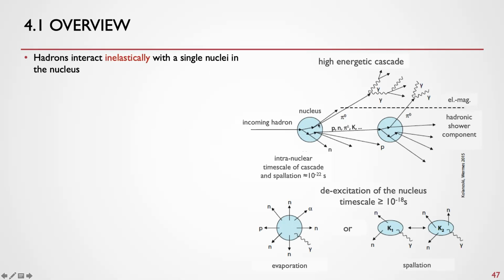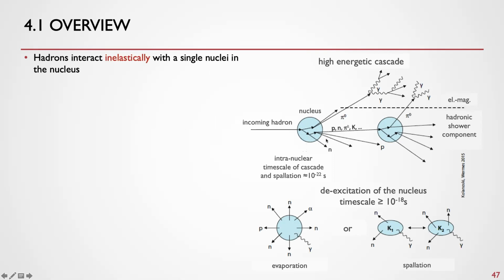I repeat quickly, inelastically with single nuclei inside the nucleus. So you have an incoming hadron hitting the nucleus, and then a host of reactions takes place, producing other charged and neutral hadrons.